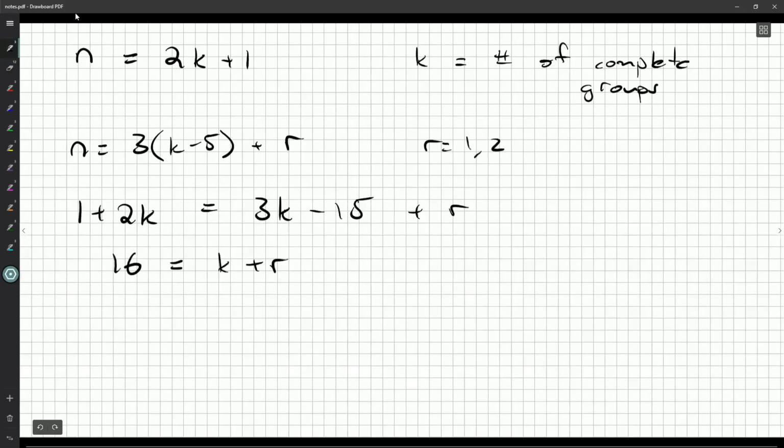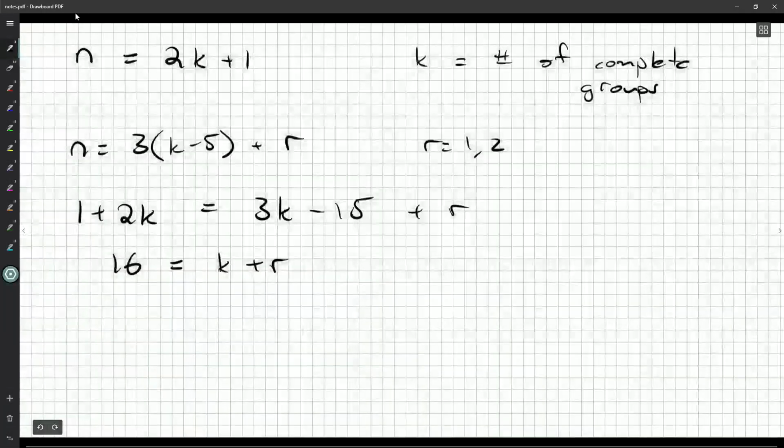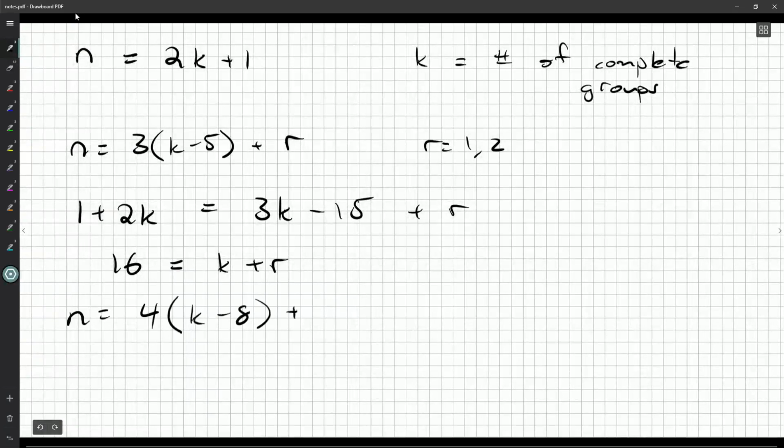And then there were even fewer complete groups when we were talking about groups of 4. There were 3 fewer, because there are 3 more when we're talking about groups of 3. So it looks like 4 groups would be k minus 5 minus 3, which is k minus 8, plus another remainder, s. And s is 1, 2, or 3, but I don't know which.